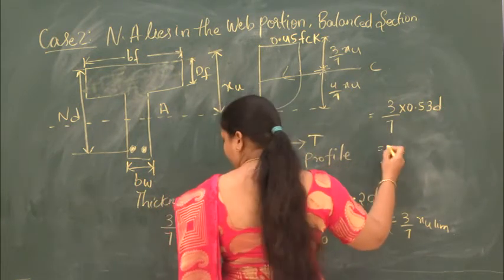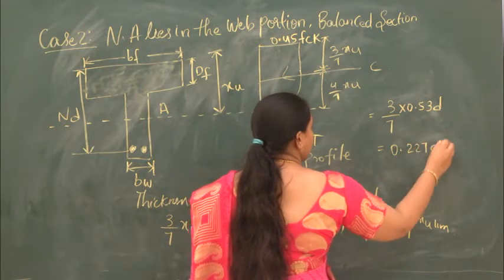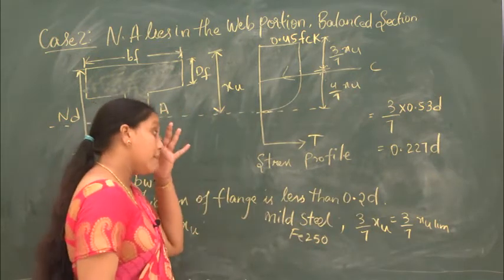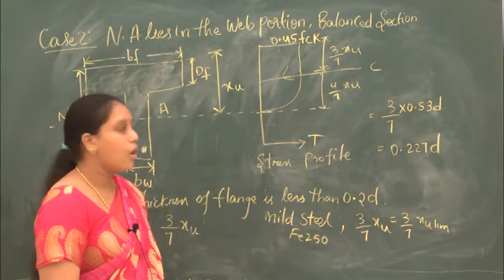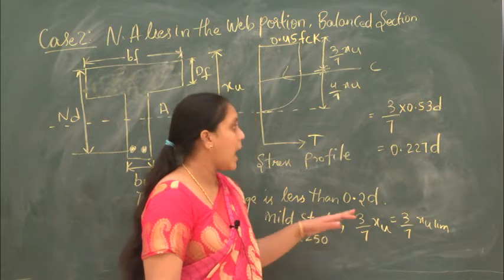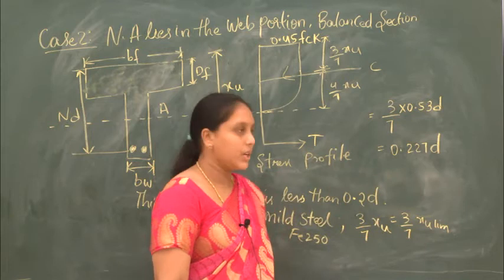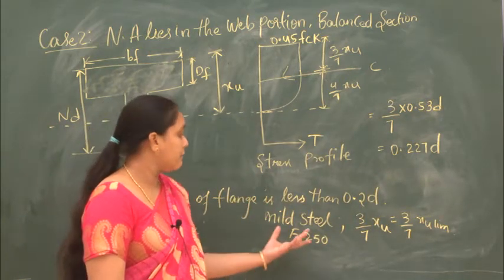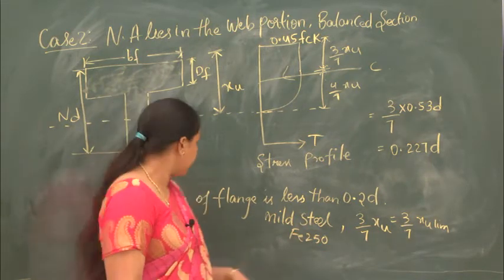What value are you going to get? You are going to get a value of 0.227 d. So for mild steel of Fe250, the stresses in the concrete will be uniform up to 0.227 d.